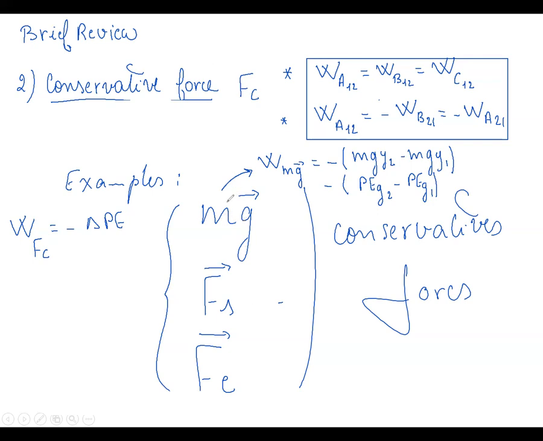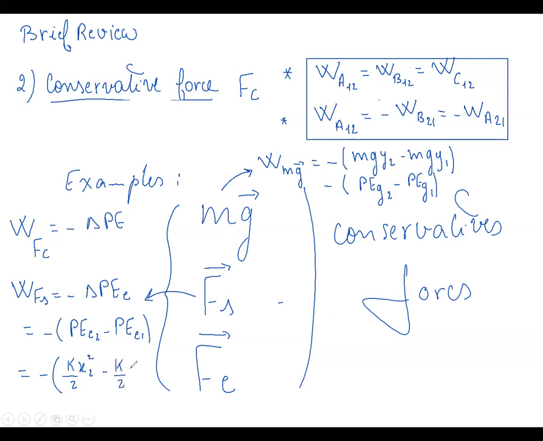Also, if we take Fs, in the case of Fs, omega Fs equals minus the elastic potential energy change, equals minus the final elastic potential energy minus the initial elastic potential energy. And you know, the elastic potential energy equals half kx squared final minus half kx squared initial.